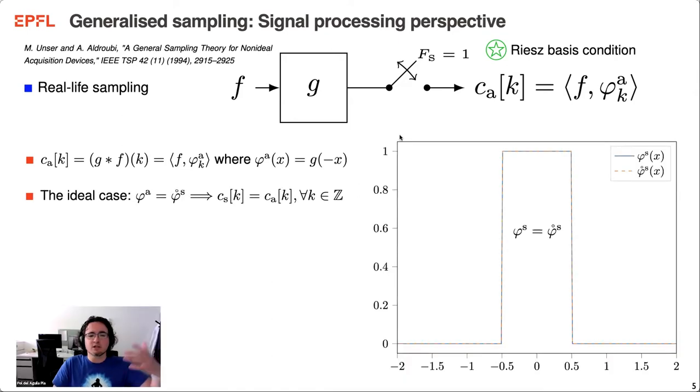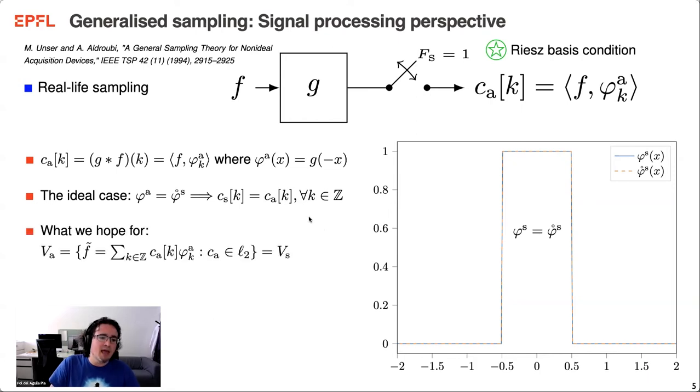And so the ideal case in the context of what we were discussing is that this analysis function is simply the dual of the synthesis function, and then we're done because we're already obtaining the coefficients that we wanted. So this happens, for example, in the case of simply a rectangular function as basis function. So step constant, or piecewise constant representations.